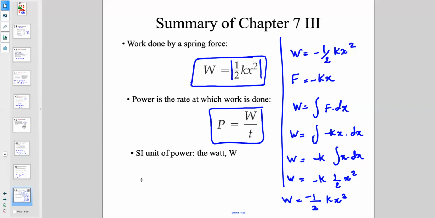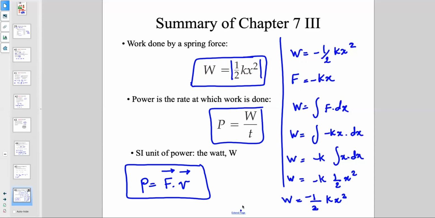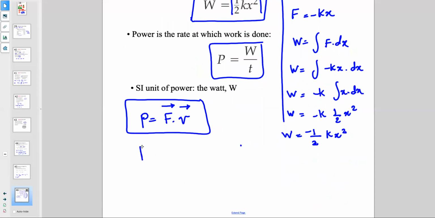I can write the power in other ways, and you have seen it in part 3 of this video: as the dot product of F times velocity, or F V cosine of theta, which shows that they are the same. The unit for power is watts, or joule per second.